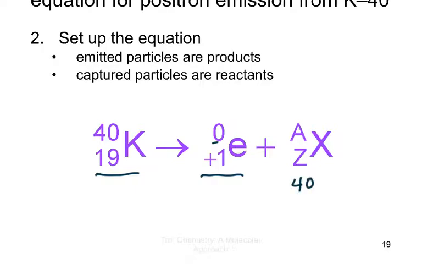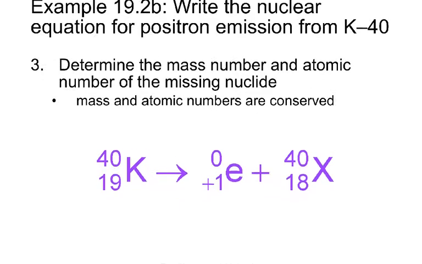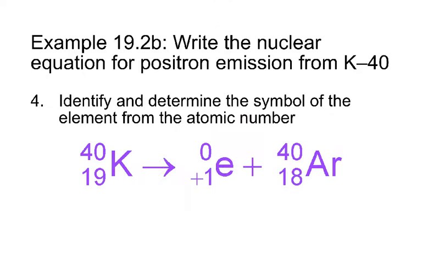Our atomic number, though, 1 plus what is 19? The answer is 18. And then you have to go to your periodic table and see what is element number 18. And the answer is argon. So the atomic number determines what your symbol is. So there's the answer.